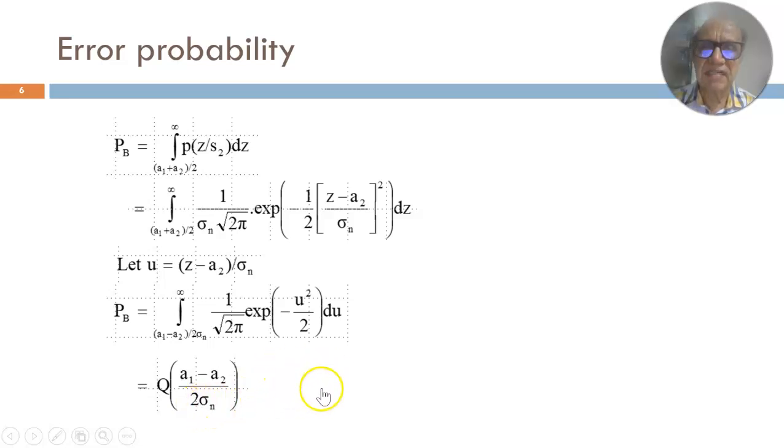What we discussed a short while ago is that the larger the difference between a1 and a2 and the smaller the noise, the higher the quantity within the parentheses, and the higher this value, remember, Q(x) is lower. So bit error probability will be lower when this difference is larger and the noise is smaller, as we expect. That's all in this particular session. We have essentially seen how to calculate the bit error probability, and we have obtained a mathematical expression for it, which depends on the Q function.